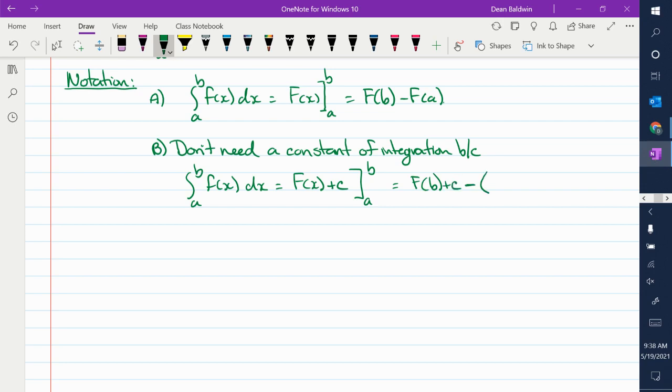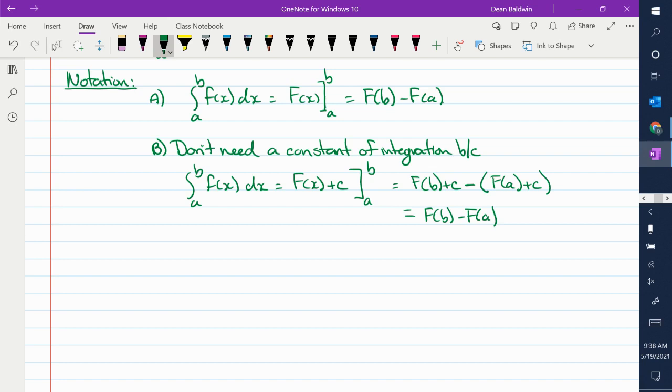And you subtract the second one, and you plug in a. What happens to the c values? They disappear, right? Because it becomes constant minus constant, so they're gone. So you're just left with f of b minus f of a. So when you are doing definite integrals, you don't need to do a c value. When you're doing indefinite, you do.